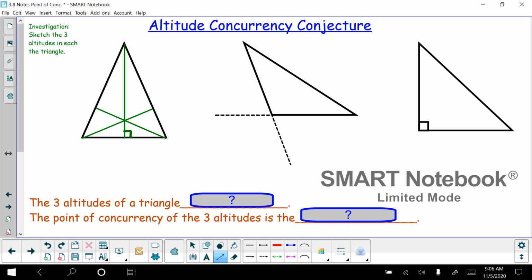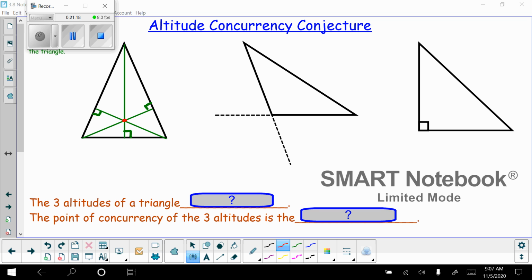Oh, wow. It does end up being concurrent. Okay, so put a 90-degree angle there, a 90-degree angle there. Maybe get your red pen. It is concurrent. Okay, so it is concurrent. All right, so those came out concurrent, the 3 altitudes.